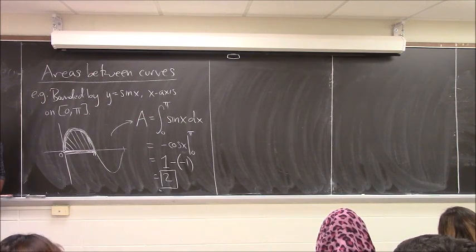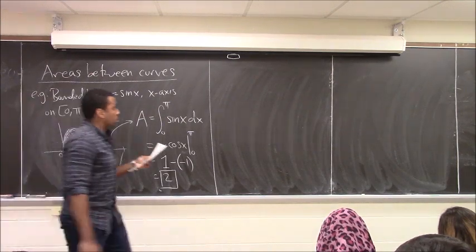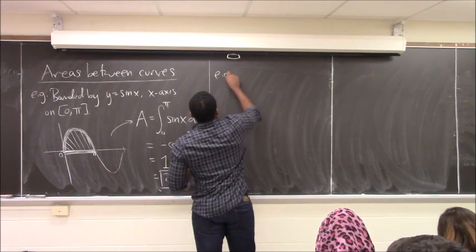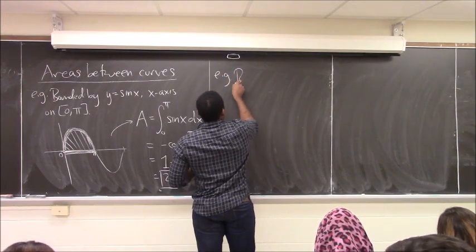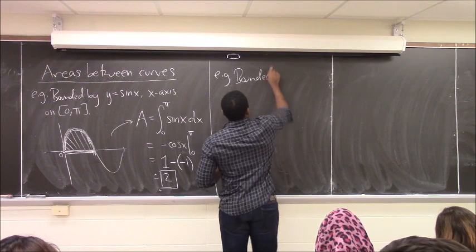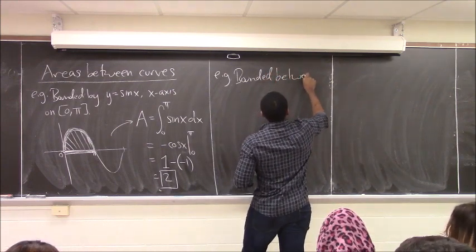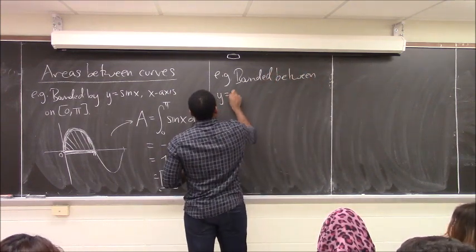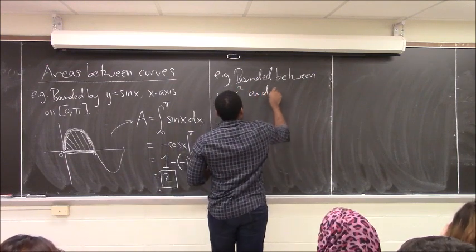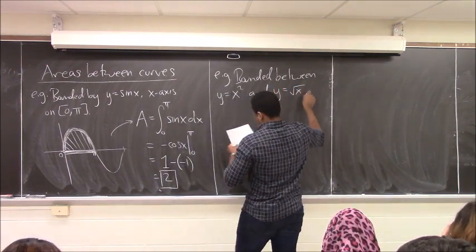So that one wasn't so bad. The other example was the area bounded between y equals x squared and y equals the square root of x.